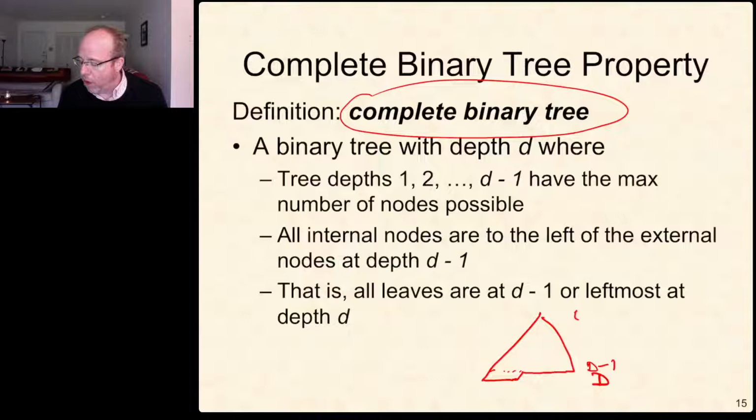In other words, there's a node everywhere in this parent tree, and all of the elements at the level of D are in their leftmost position. So this is a complete binary tree. If you were going to add a node to a complete binary tree, it would have to go right there, because that's the only place it could go. So that's a complete binary tree. And remember, we talked about complete binary trees when we implemented heaps.